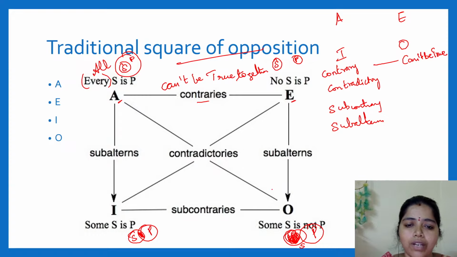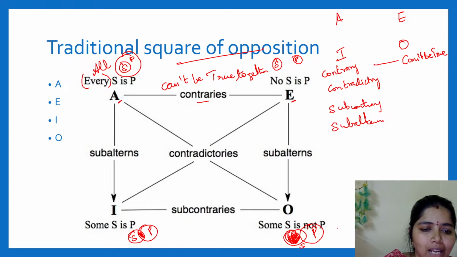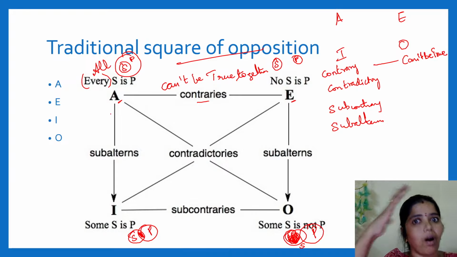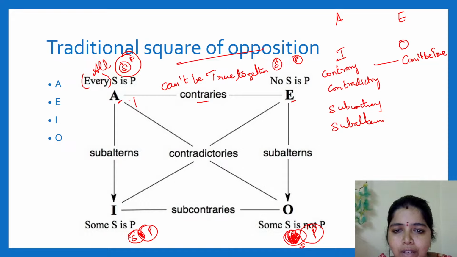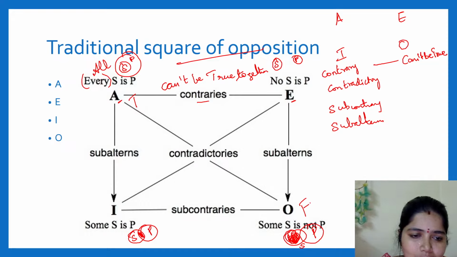What do you mean by contradictory? If I say all politicians are liars, and here I am telling some politicians are not liars, can these two statements be true? If this statement is true, definitely this will be false.